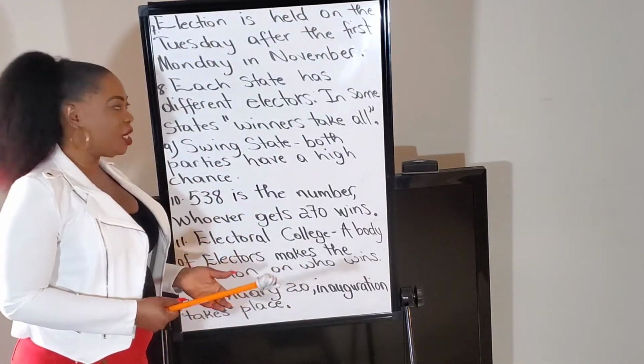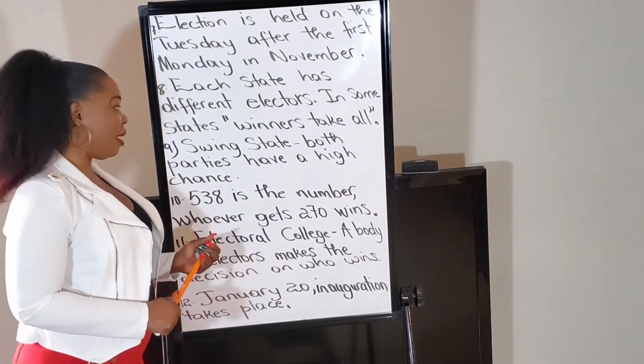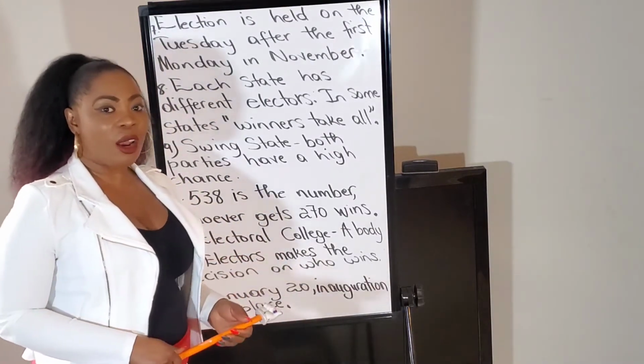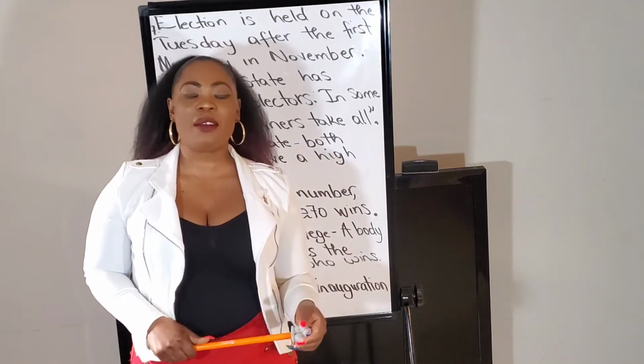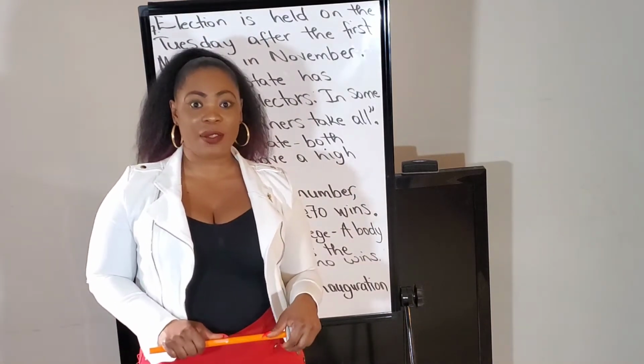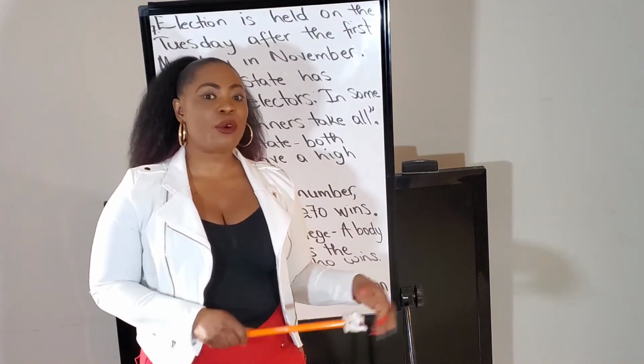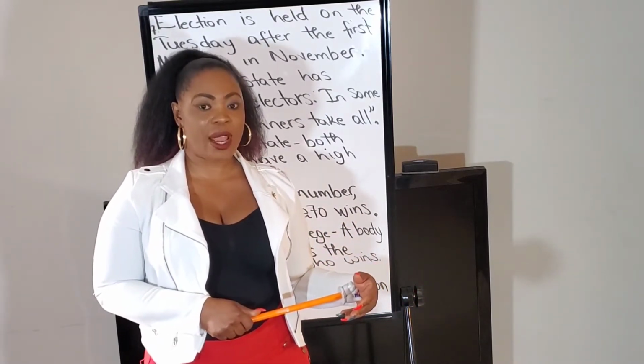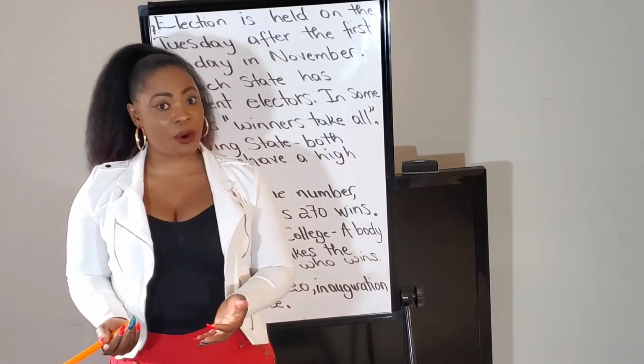Now, each state has different electors. In some states, winners take all. So let's say you have 10 electors in that state, right? And the Republican gains 6 of those votes, and the Democrat 4.